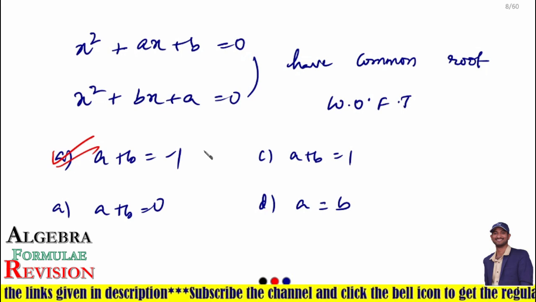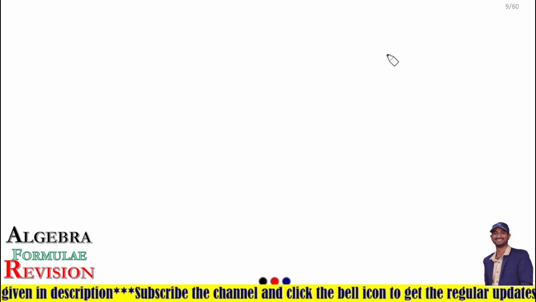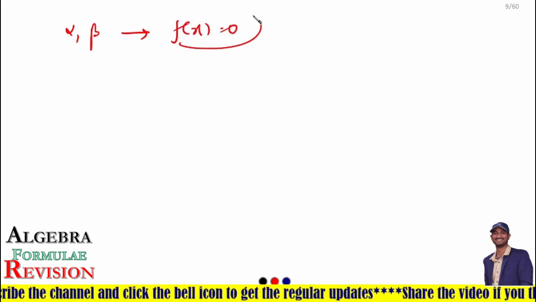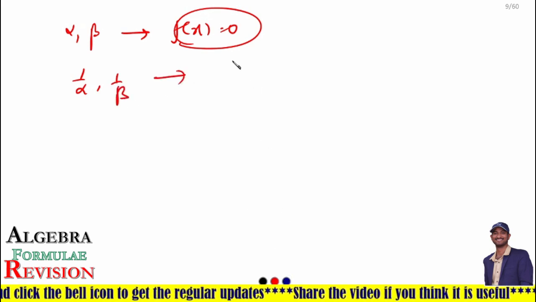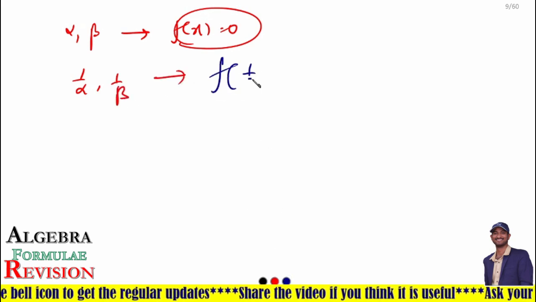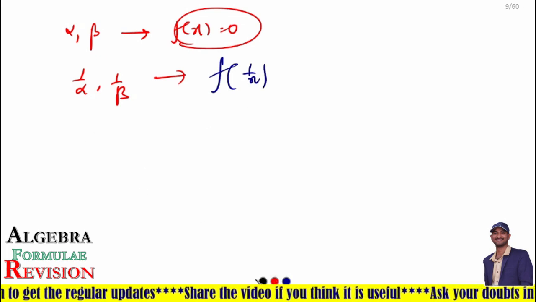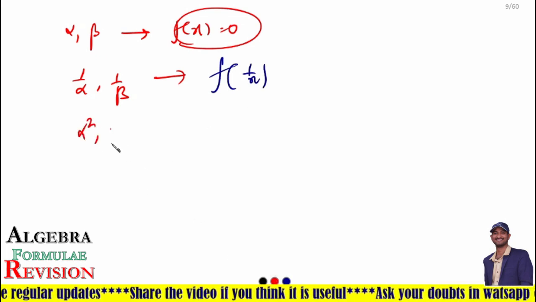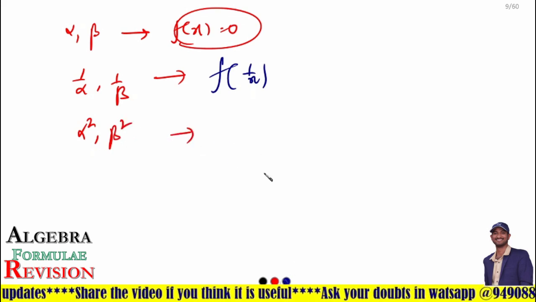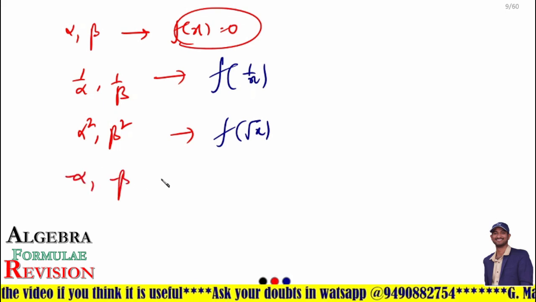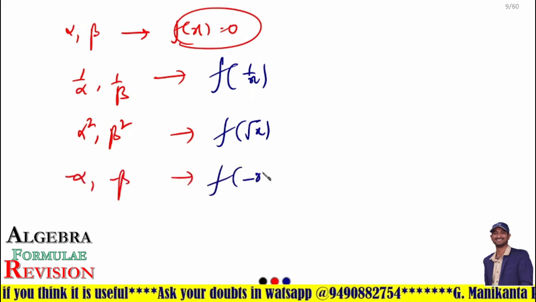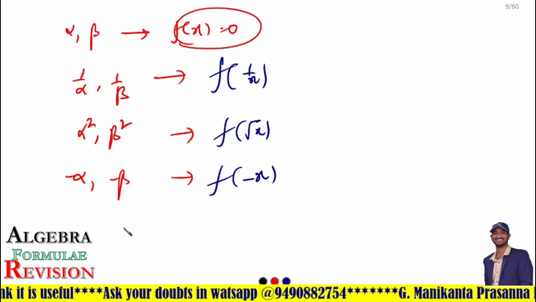And one more thing in quadratic equations, that is quadratic equations with required roots. Suppose alpha comma beta are the roots of f of x equal to 0, then 1 by alpha comma 1 by beta are the roots of f of 1 by x, and similarly alpha square comma beta square are the roots of f of root x, and similarly minus alpha minus beta are the roots of f of minus x, and some other things also there.